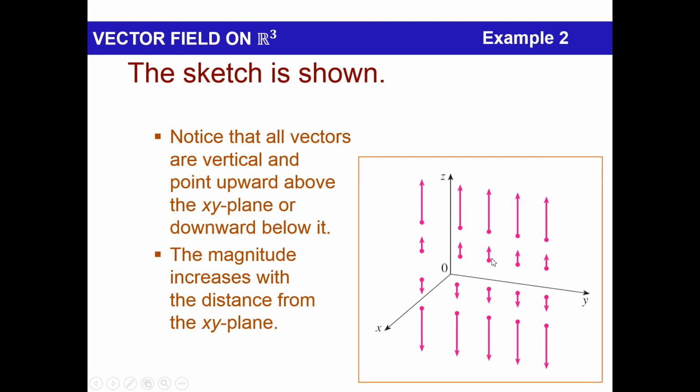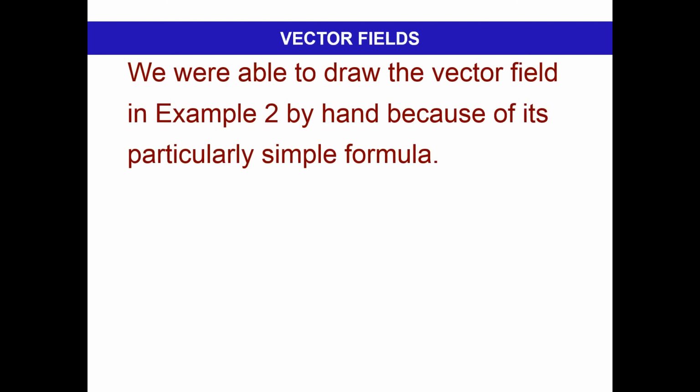And when the value of z is smaller, you can see smaller vectors. When value of z is larger, then you can see the larger vectors. Notice that all the vectors are vertical and point upwards above the xy plane or downwards below. The magnitude increases with the distance from the xy plane.